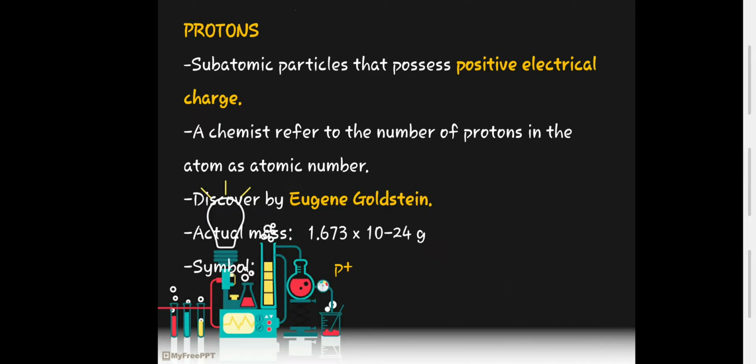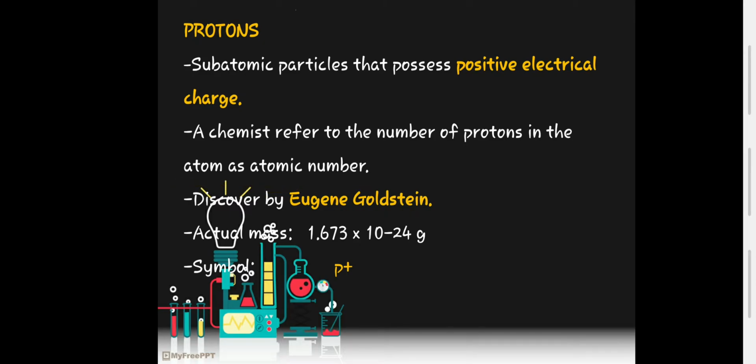Continuing our discussion, we have protons. The next subatomic particle of an element is the proton. A proton possesses a positive electrical charge. Protons carry a positive charge. A chemist refers to the number of protons as the atomic number.